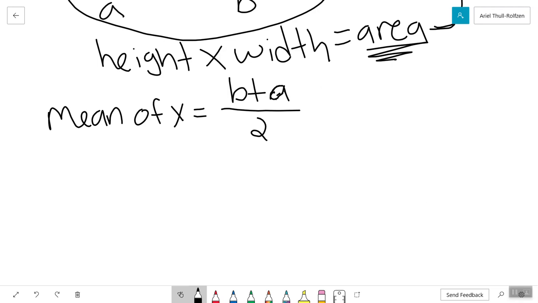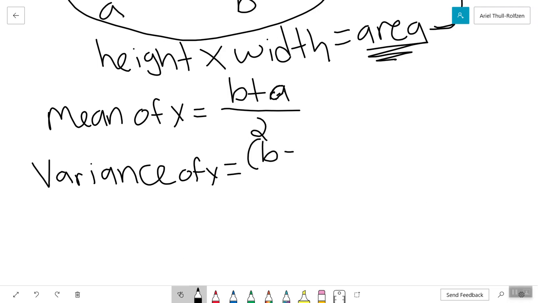What you do need to remember is the variance of x. And the variance of x is similar. It's going to be b minus a squared all over 12.